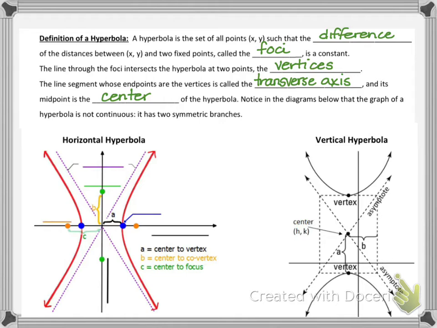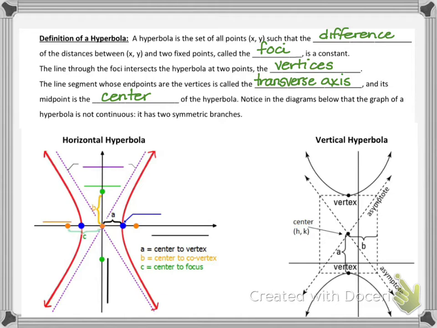So let's start here with the center. The center is right in the middle. I think I didn't put a point here, but right here, I'll put it in. There is the center right there.